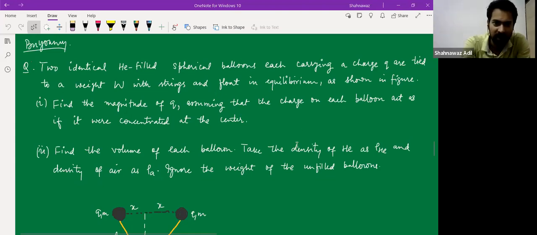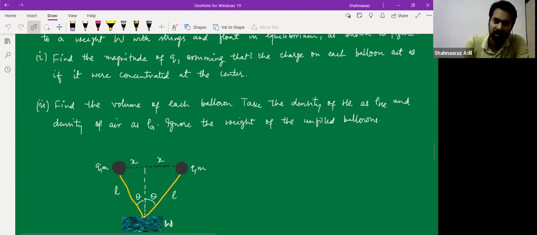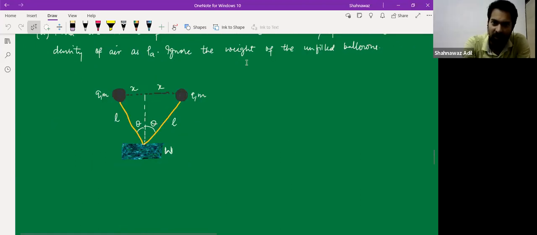As shown in the figure, we have to find the magnitude of charge, assuming that the charge on each balloon acts as if it were concentrated at the center. And the second thing is that we have to find the volume of each balloon, and we have to take the density of helium as rho He and density of air as rho. Ignore the weight of the unfilled balloon, so only the weight comes from the helium which is in the balloons.